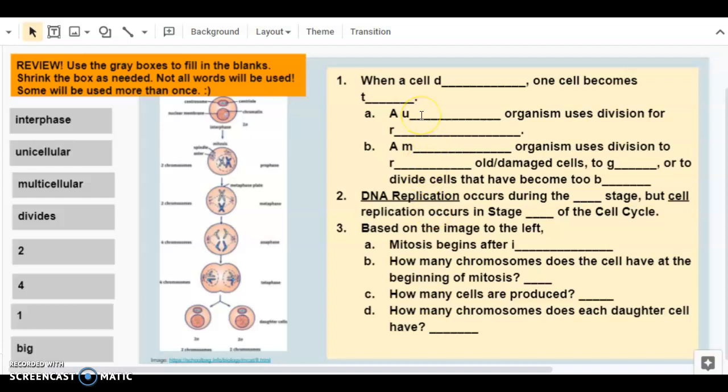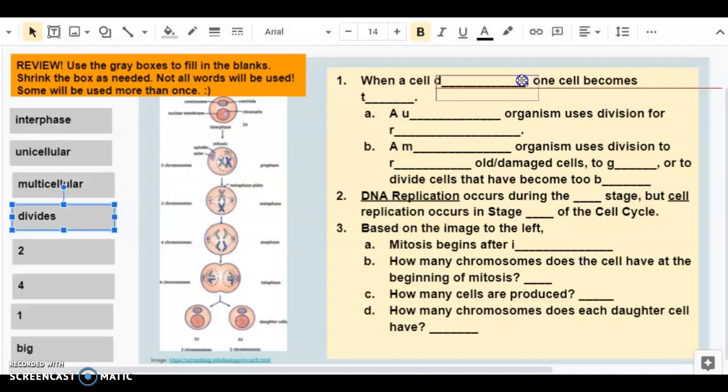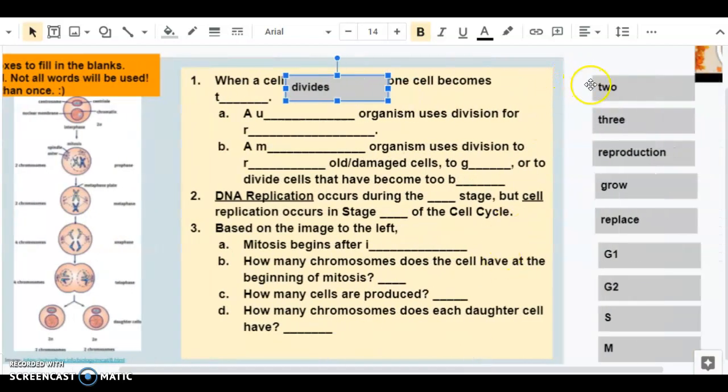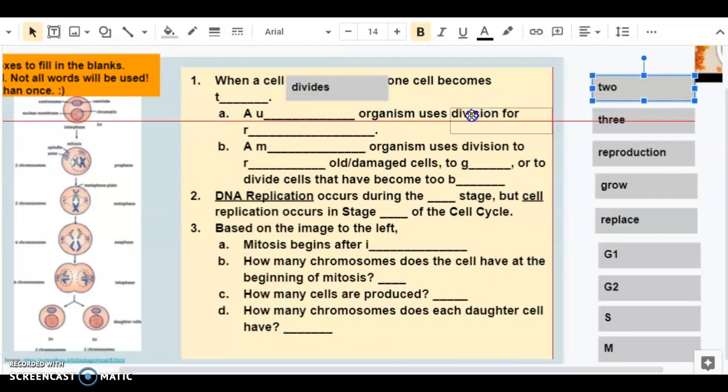When a cell divides, one cell becomes two. Please remember, it's not making 3 total cells. That one cell will be replaced by 2 new cells.